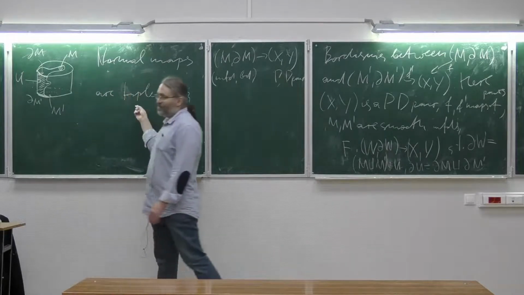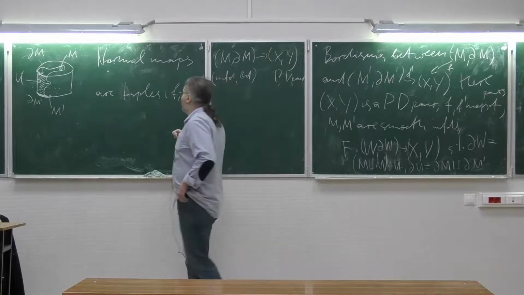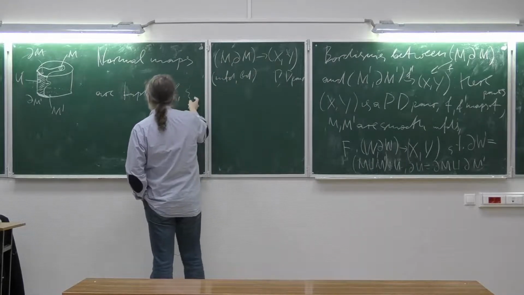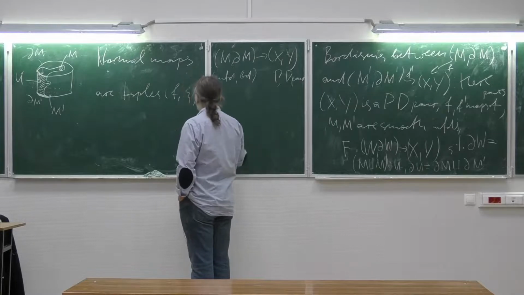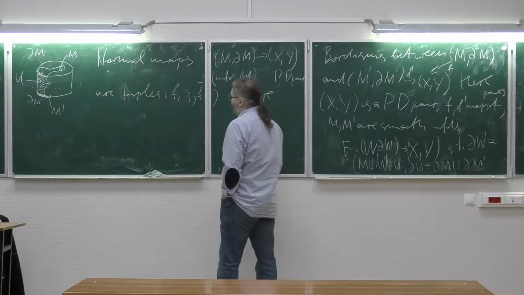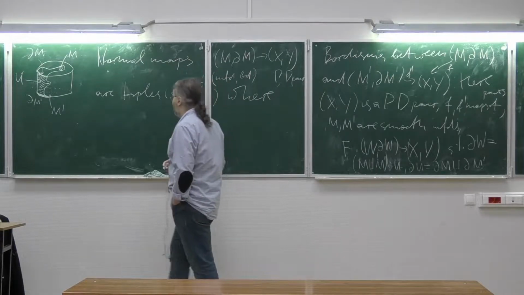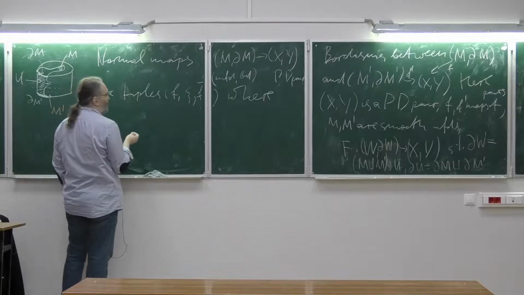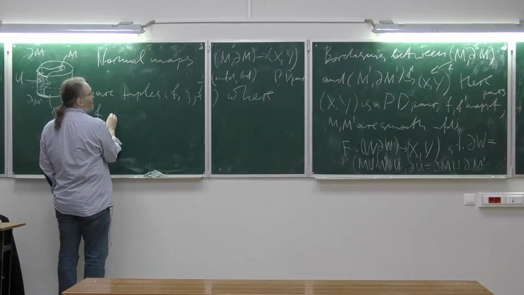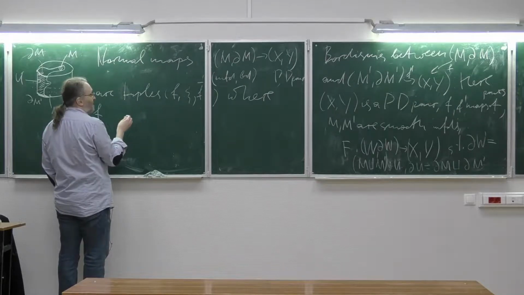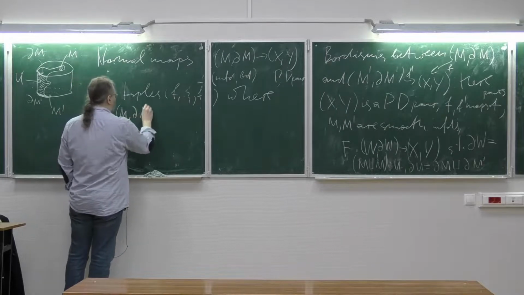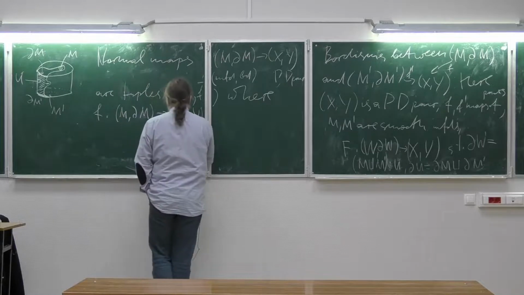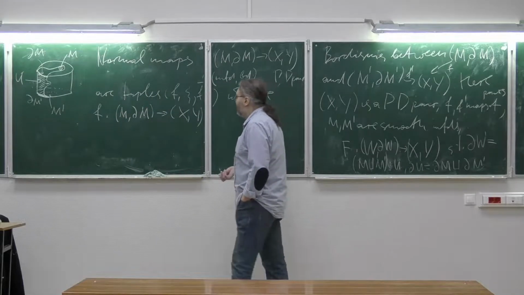It's the safest option. First of all, I want to have a map f from (M, dM) to (X, Y).